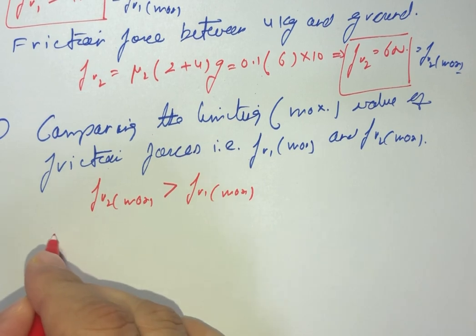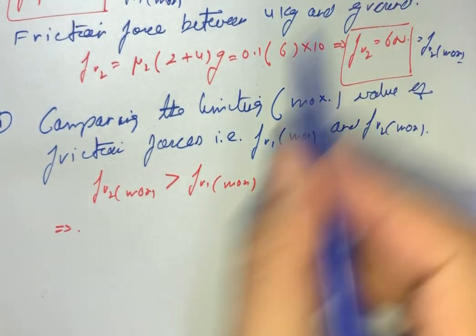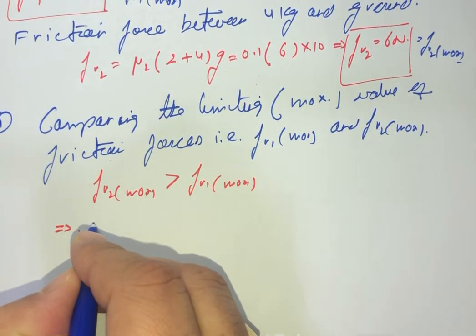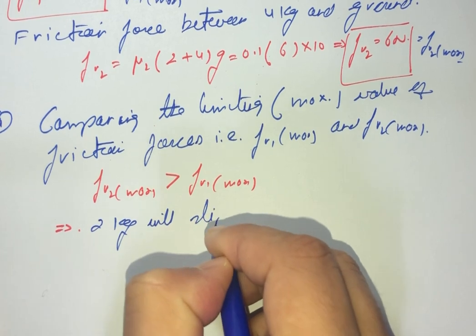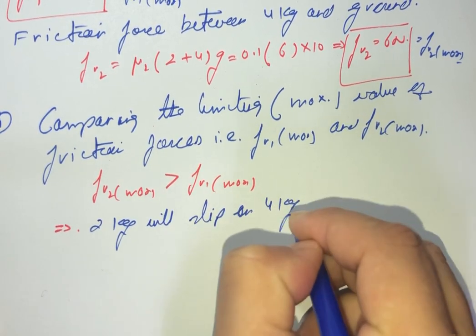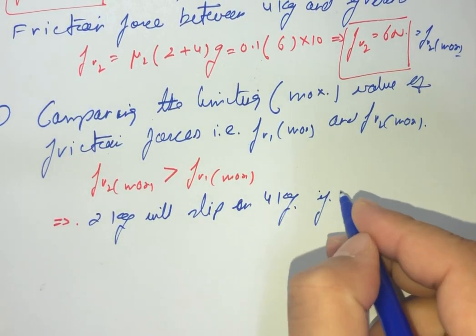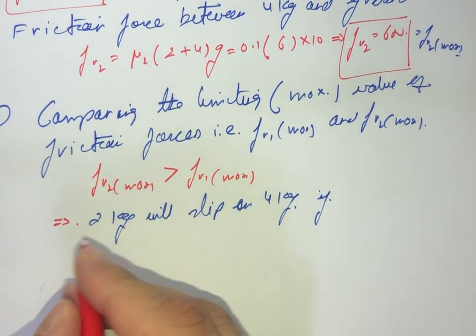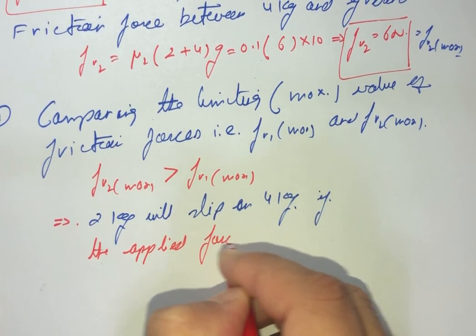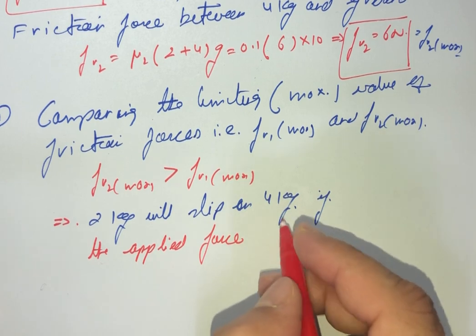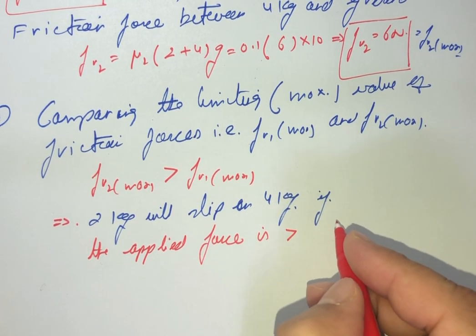So from here we can draw the conclusion that 2 kg will slip on 4 kg under the condition, and this implies that 2 kg will slip on 4 kg if the applied force is greater than our Fr1.